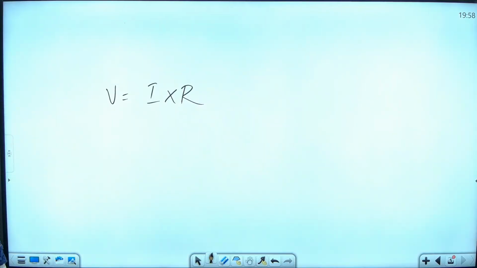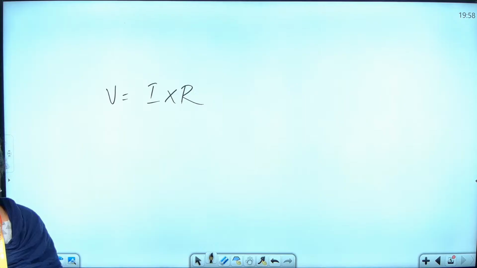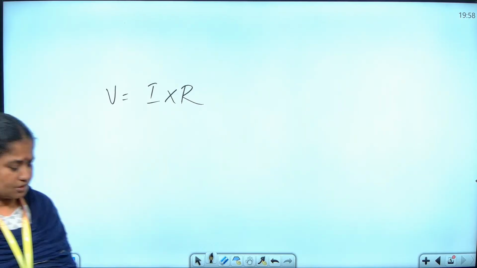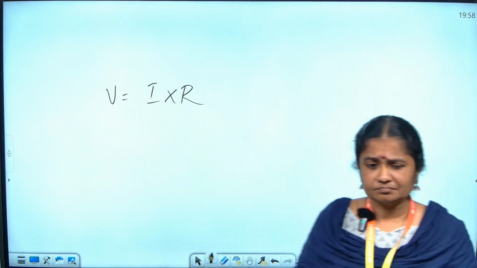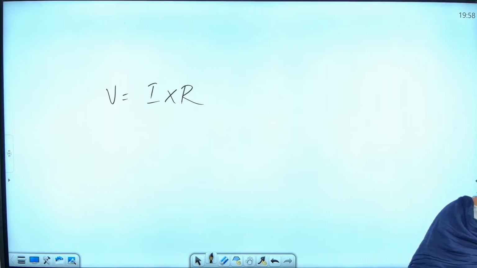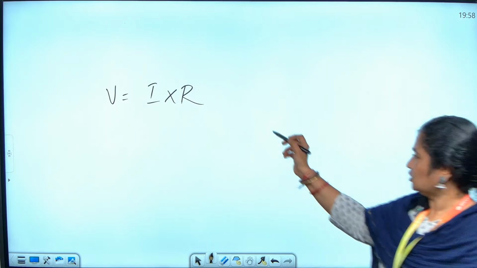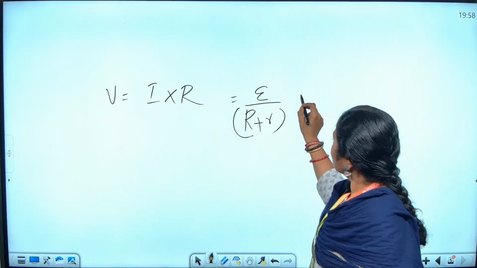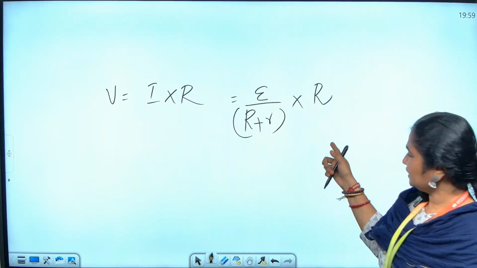Now what will be the current flowing through the circuit? When you have the external resistance and internal resistance, how will you calculate I? R plus small r, very good. Epsilon divided by R plus r, into capital R. Everything is given in the question.